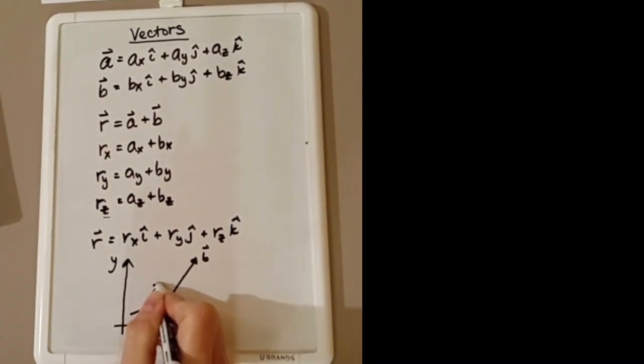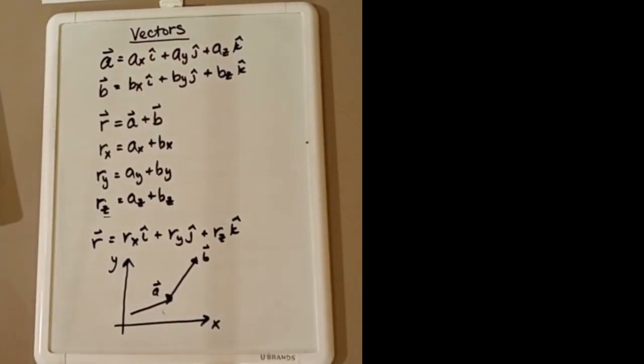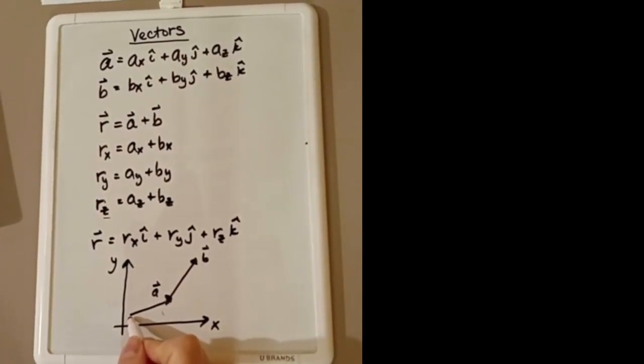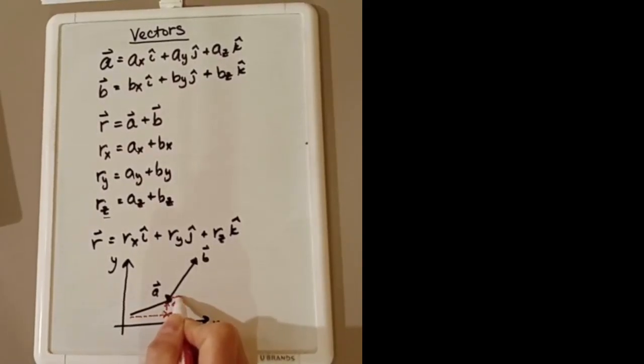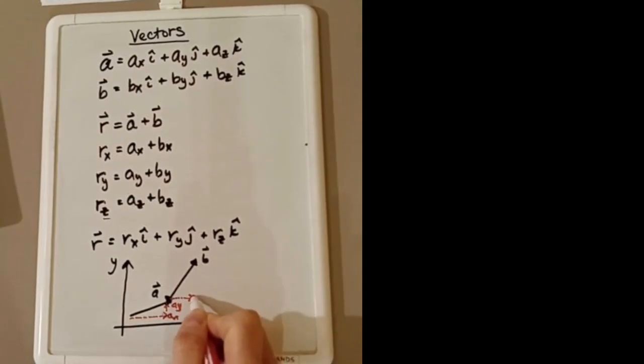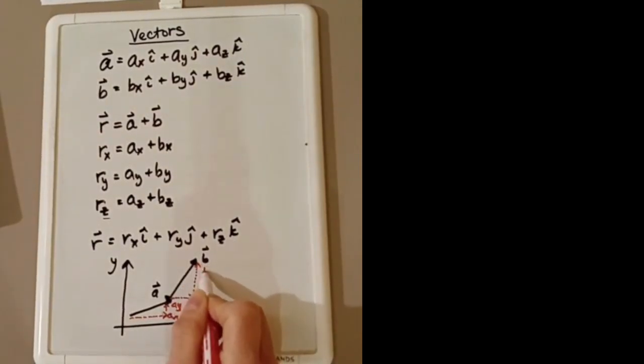It's super annoying. Okay, so we've got an AX component here, and our AY component. And then we've got a BX here, and a BY up there.